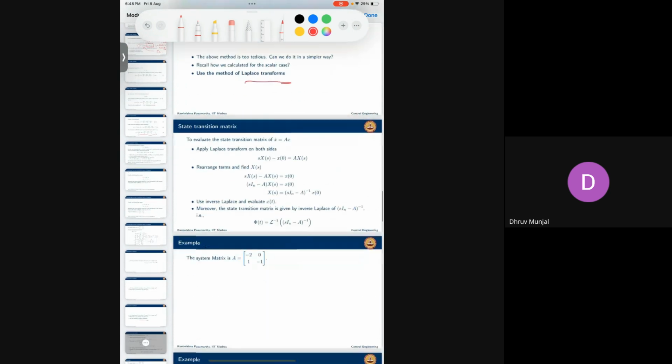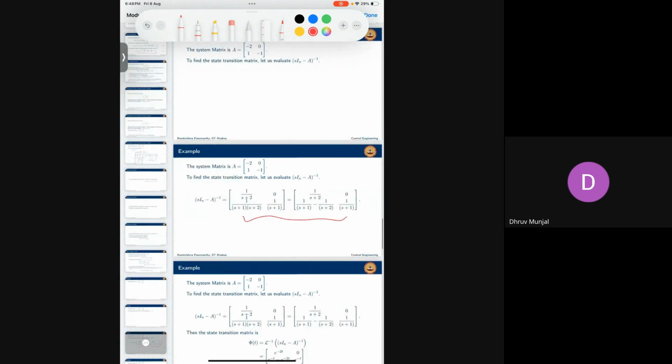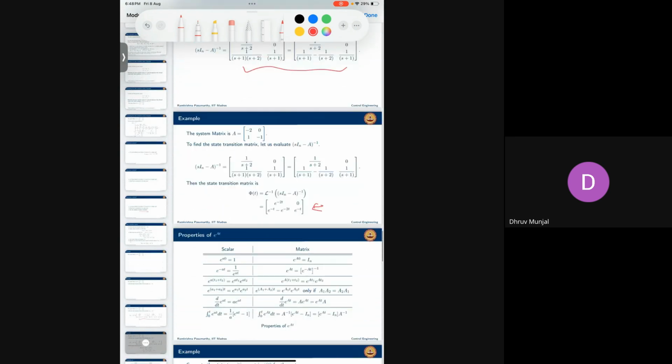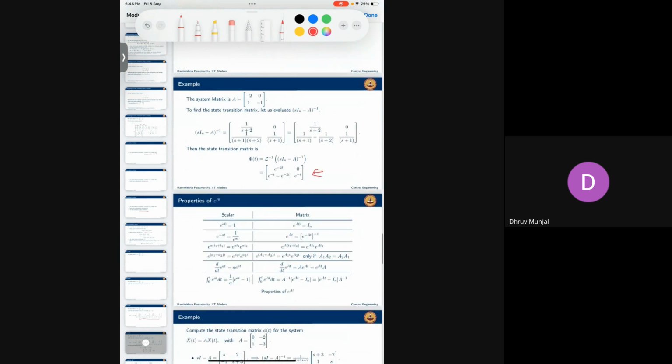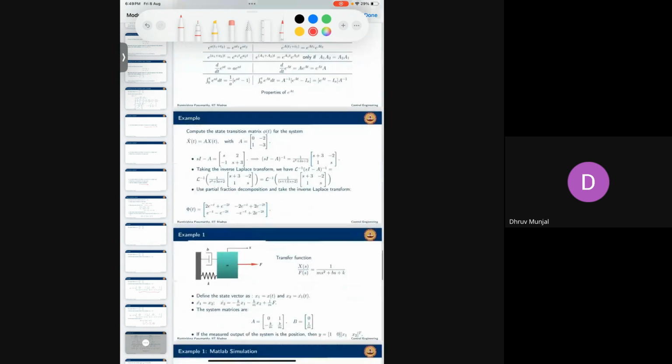Just use this and replace this in terms of a matrix. Then you use the inverse Laplace transform to find the time domain equation. The properties of e power at, you can simply use this formula, but otherwise you can derive it on your own if you want to understand this better.